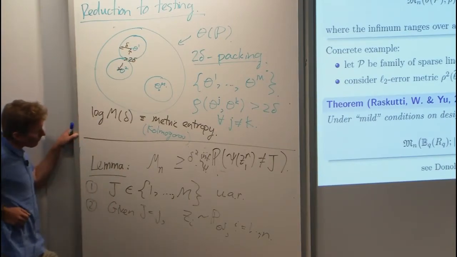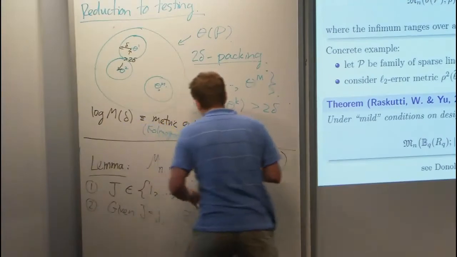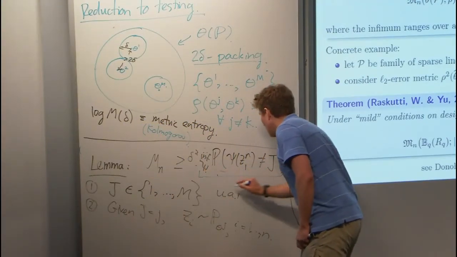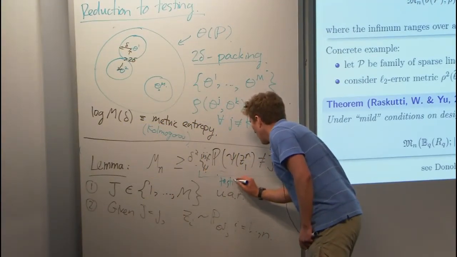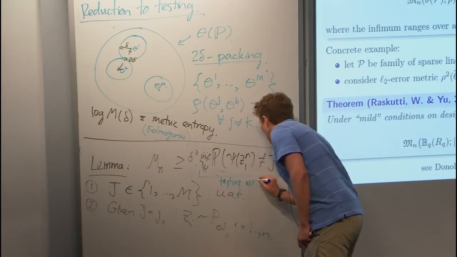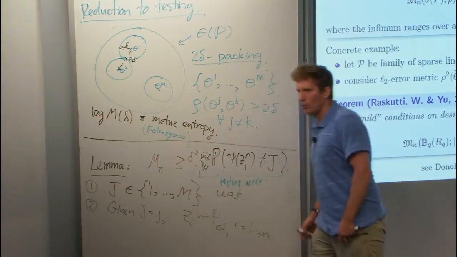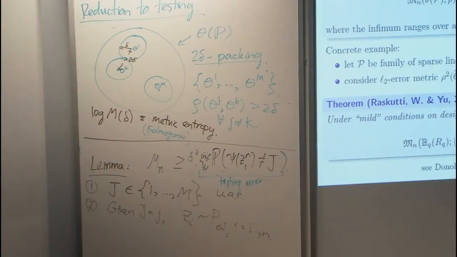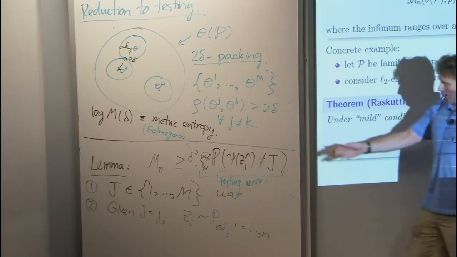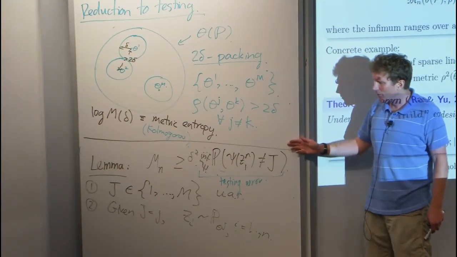And then the other part of the game is you have to lower bound the testing error. This is the testing error of an M-ary problem from this simple model: choose an index and then send samples. There are various lower bounds on this, from both information theory and statistics.